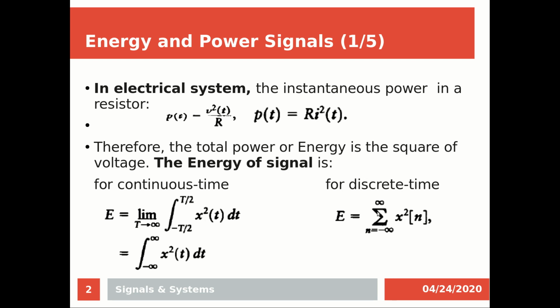For the discrete time, you just make a summation. You calculate every element of the signal over n, from minus infinity to infinity, also for the square version of the signal itself.